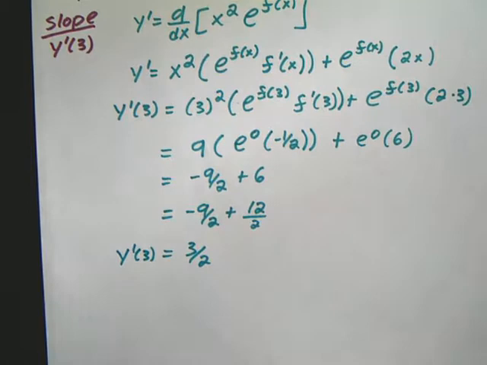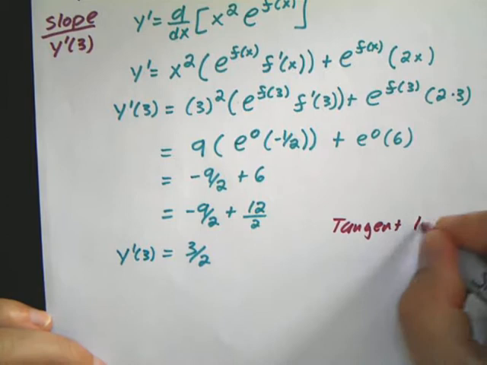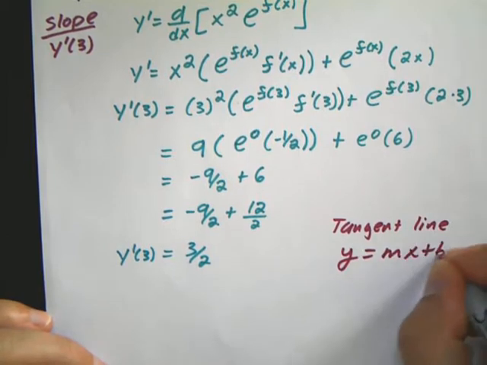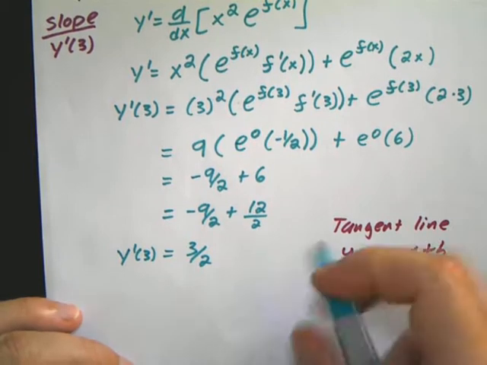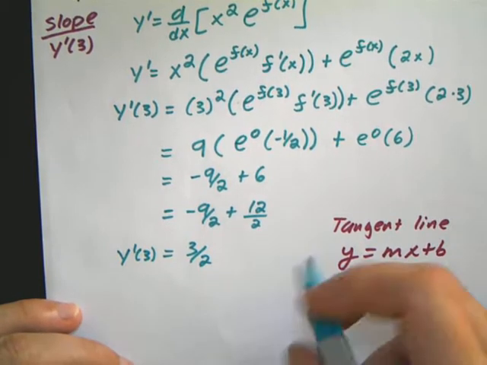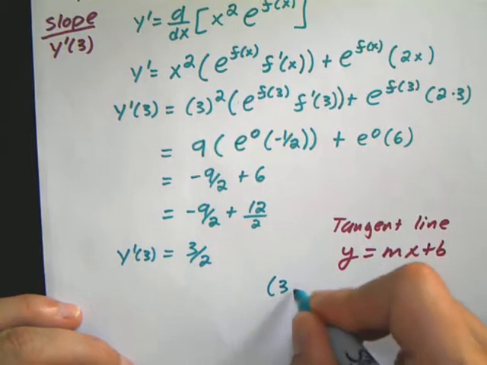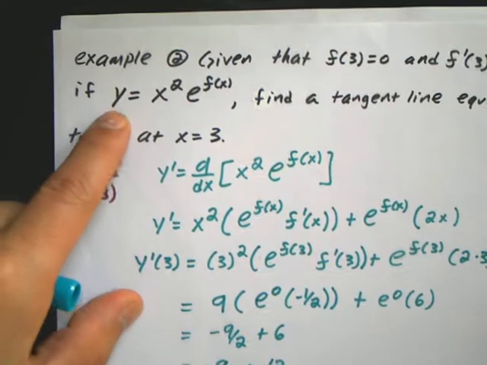So now I have to use my tangent line, which is going to be y equal to mx plus b. The thing I don't know is the point, the y-coordinate. I know the x-coordinate is going to be a 3, but then to find the y-coordinate, I have to go back to the function that I was initially given and plug in 3.